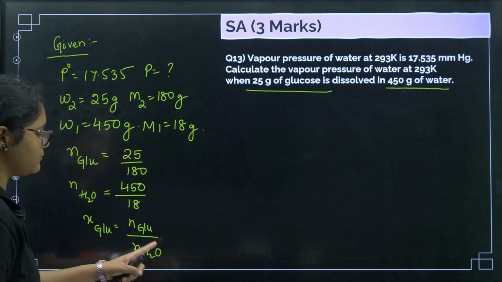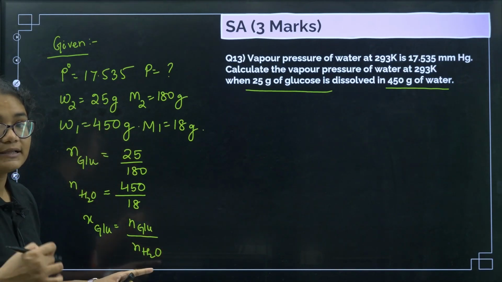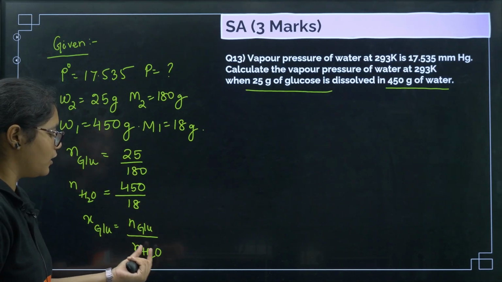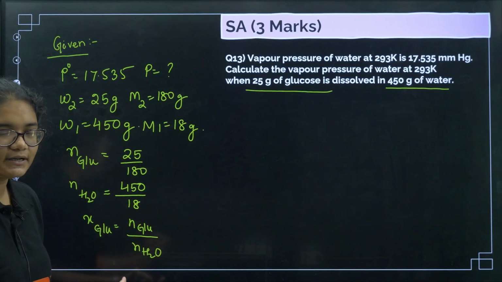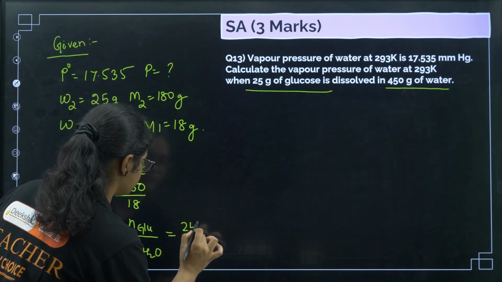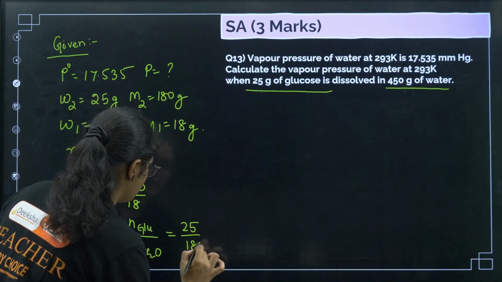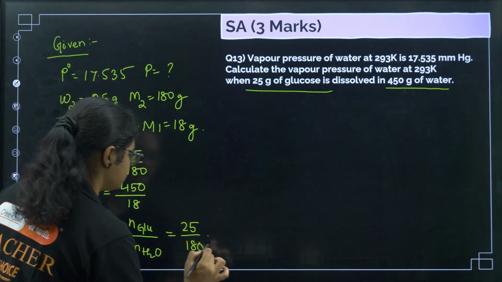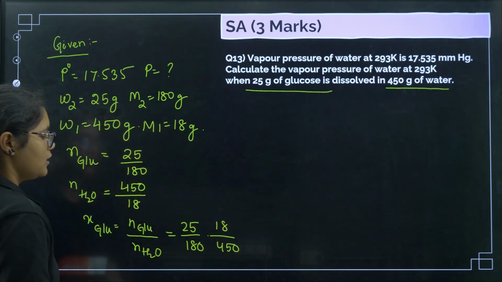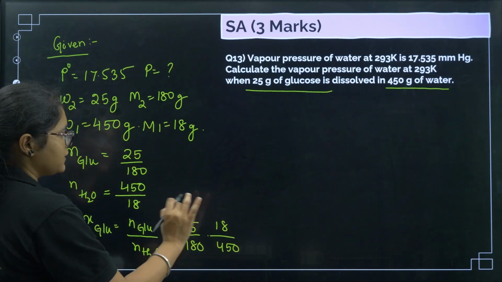Here you should remember that number of moles of glucose is not considered in the denominator in this type of questions. So I can substitute number of moles of glucose as 25 by 180 and number of moles of water as 450 by 18. Okay, so this is what we got.